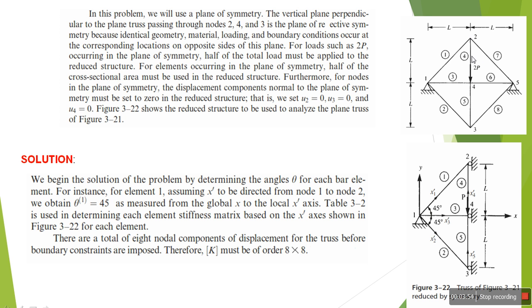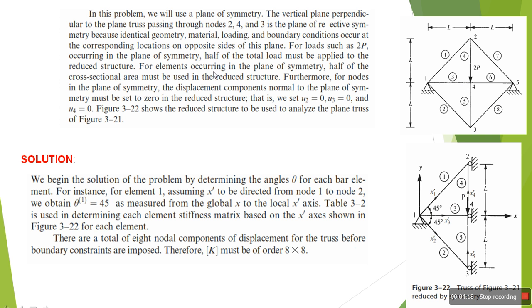Now you can see here we have 2p. I will take just 1p, because this is 2p: 1p is for the left side and 1p is for the right side.